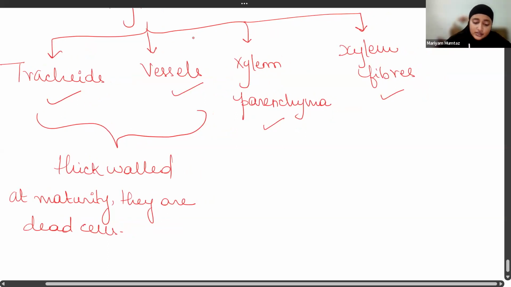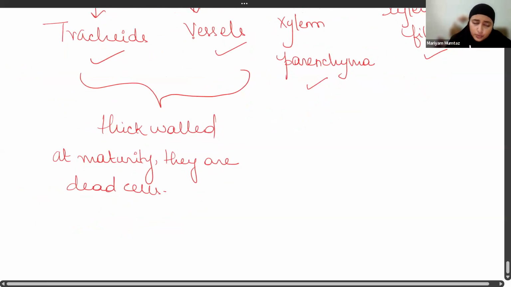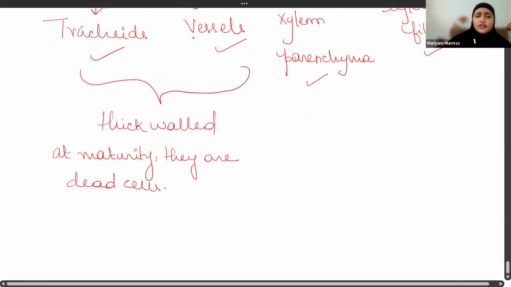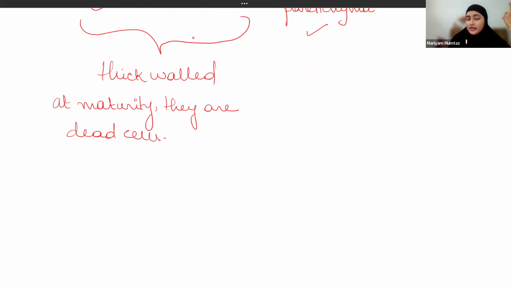Now, in the case of xylem parenchyma, first of all, let us finish the tracheids and vessels only. So, talking about the tracheids and vessels, first of all, they are thick-walled. Then, when they mature, they are dead. Okay, they die as they mature.